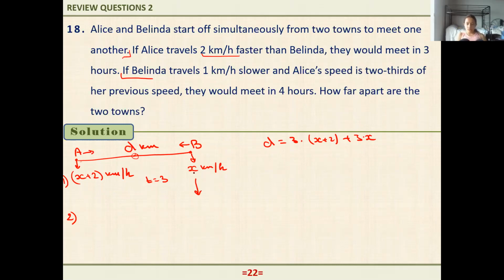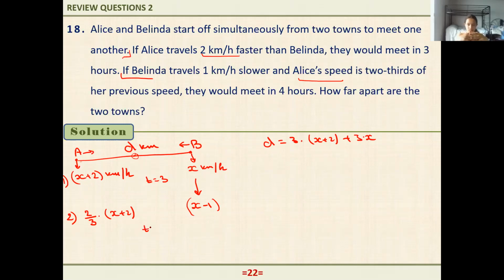It was x, right? Now if she travels 1 kilometer slower, it is x minus 1. And Alice's speed is 2/3 of her previous speed. What is her previous speed? x plus 2. So that is 2/3 of (x plus 2).